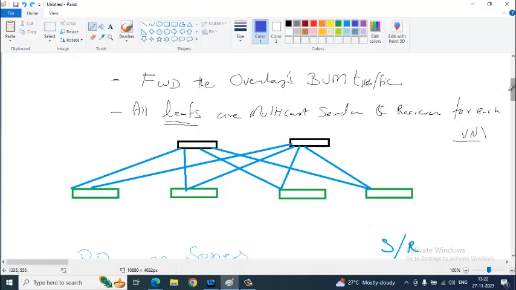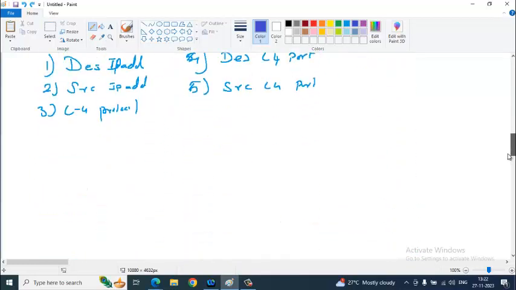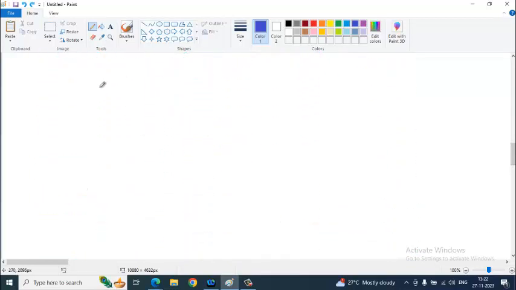Now, because of VXLAN, you're going to add 50 bytes of overhead. To your original frame, 50 bytes of information is attached as overhead.